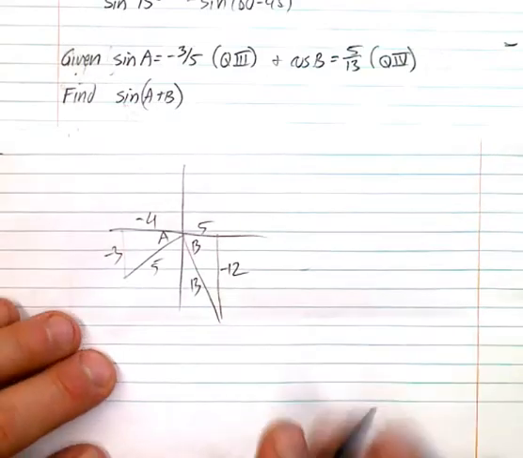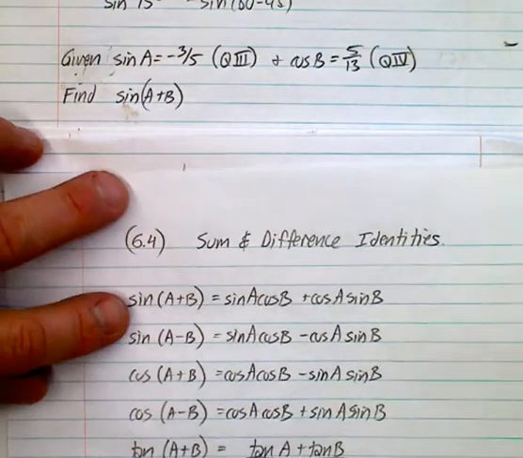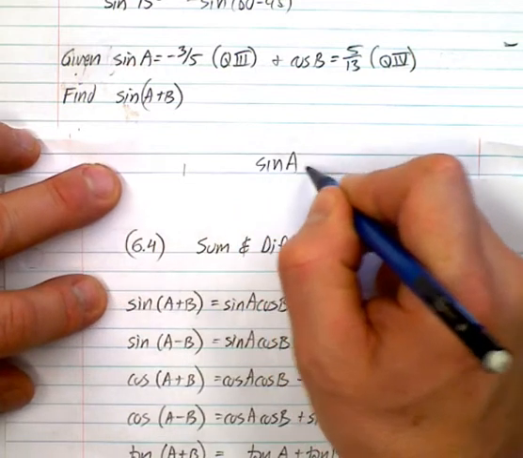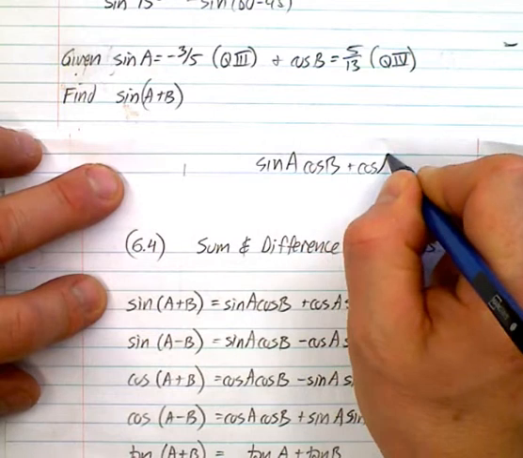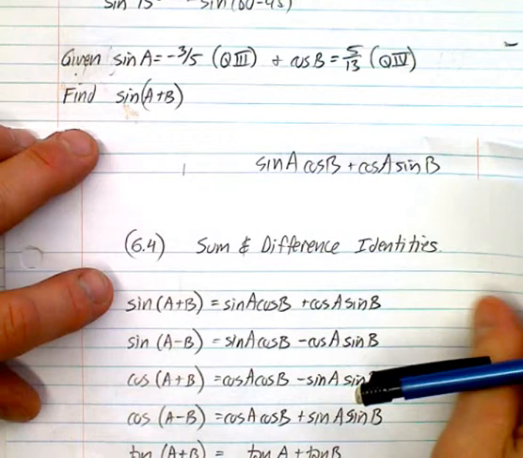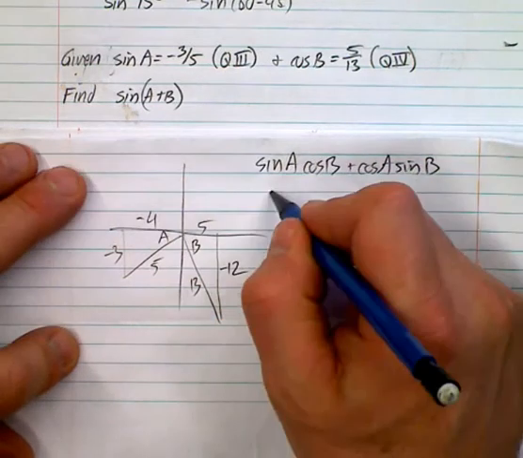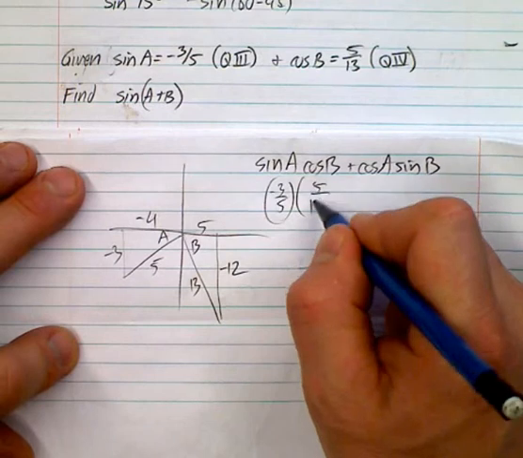So now the question is, what is sine A plus B? Well, sine A plus B is right here. That's going to be sine A cos B plus cos A sine B. And what happens here is sine A is negative 3/5. Cos B is 5 over 13.